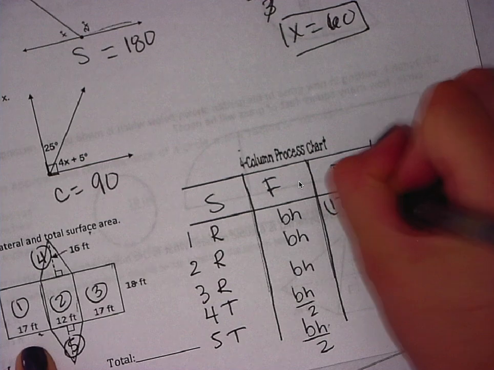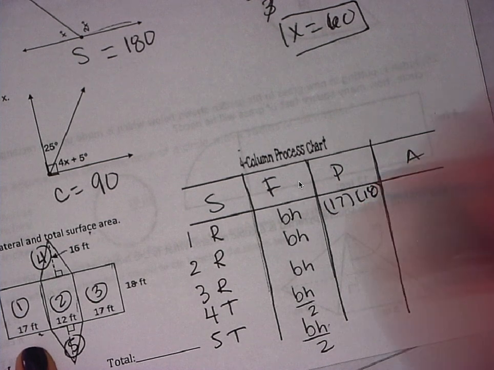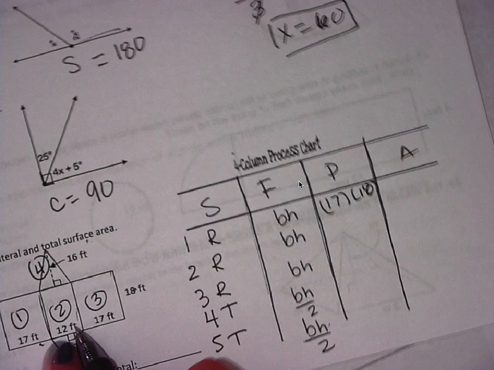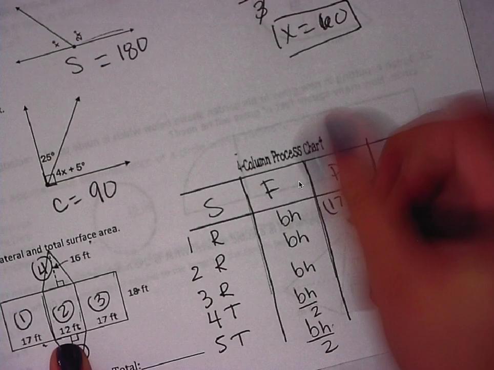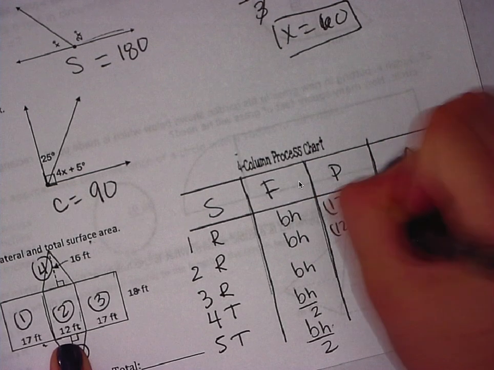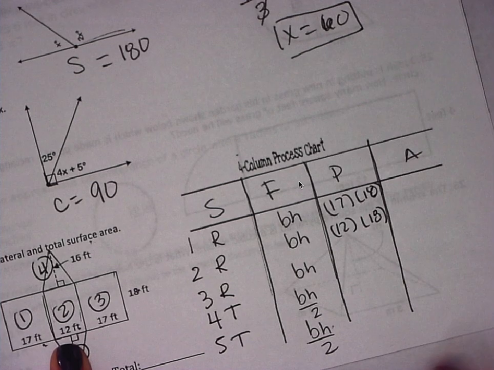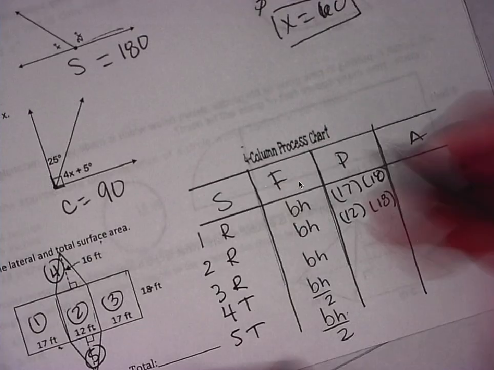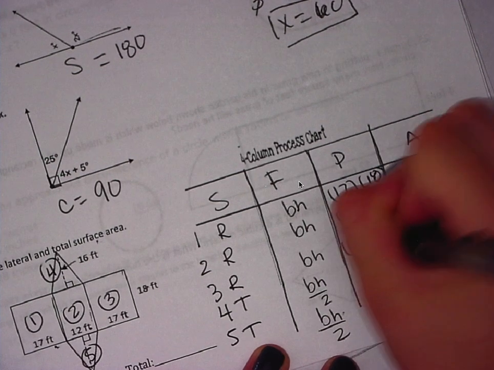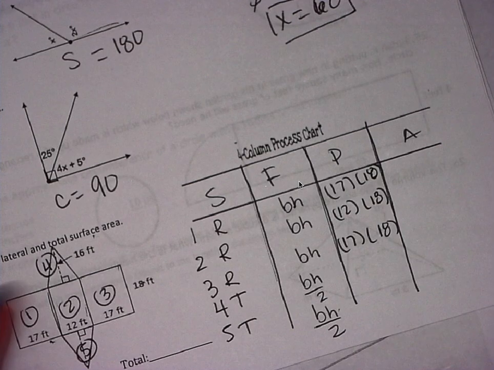So 17 times 18. For number 2, that base is 12. The height is still 18. Number 3 is the same as number 1, so that's just 17 times 18.